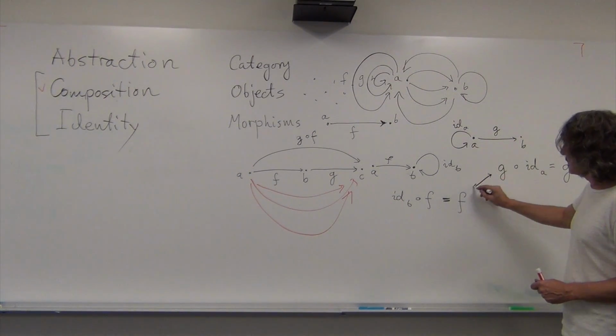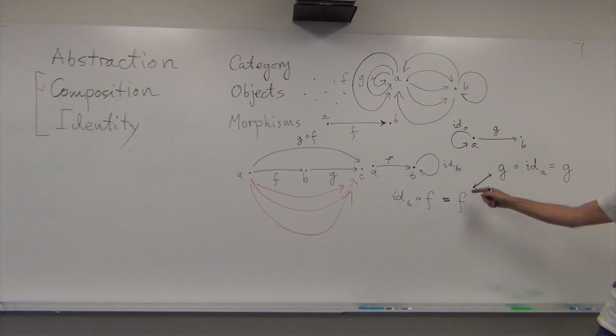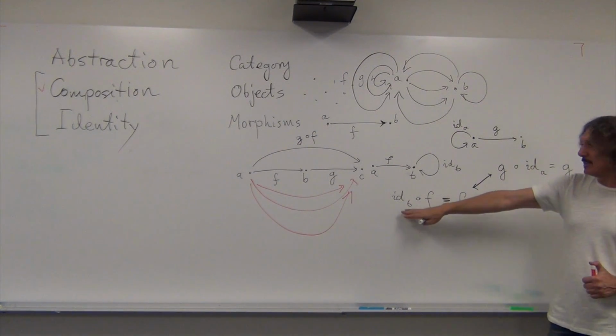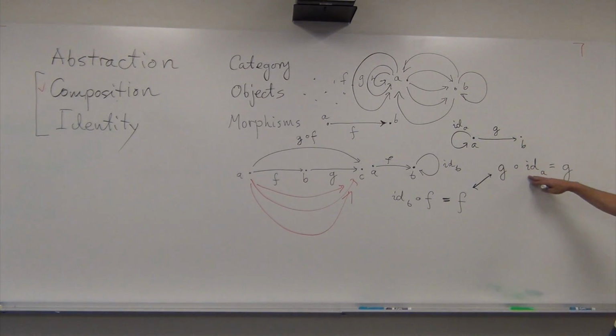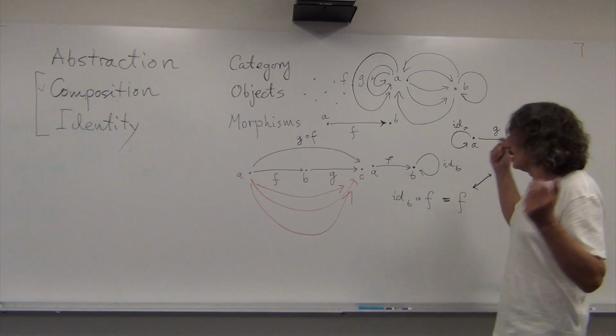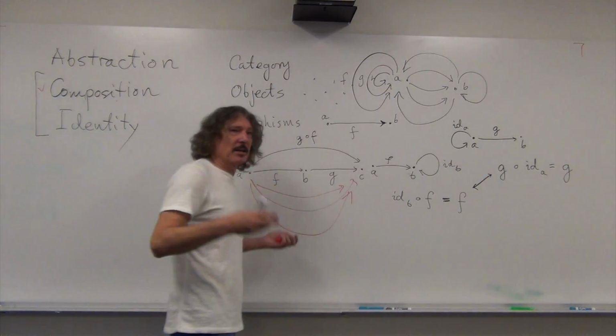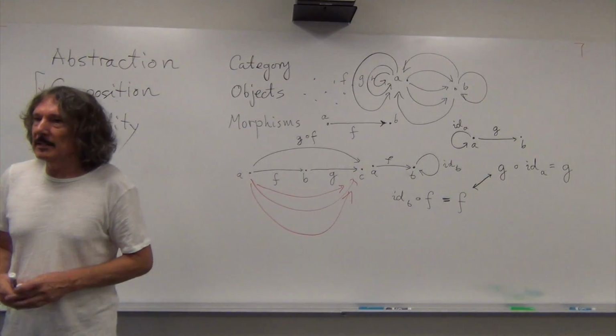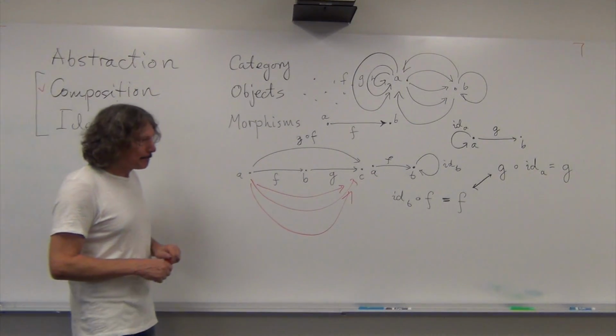These two things are not the same. This is like left identity, this is the right identity. You have to have left identity and you have to have right identity, okay?